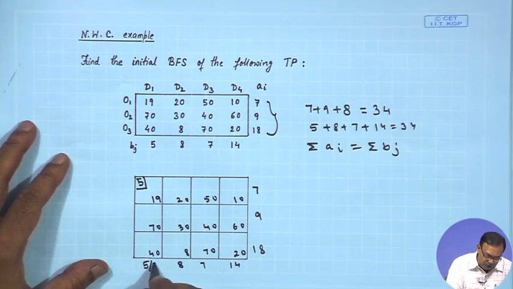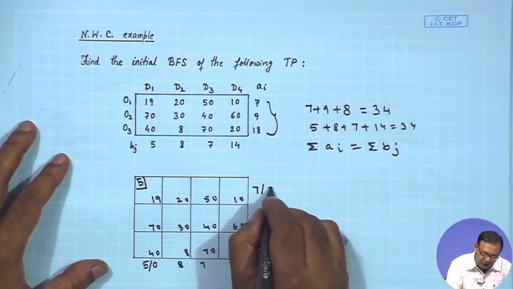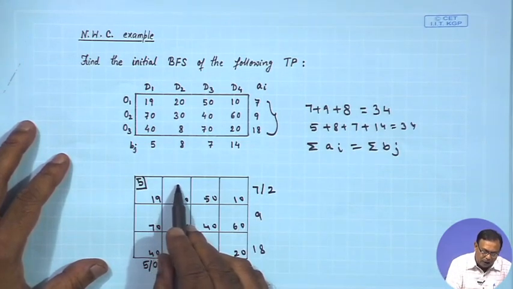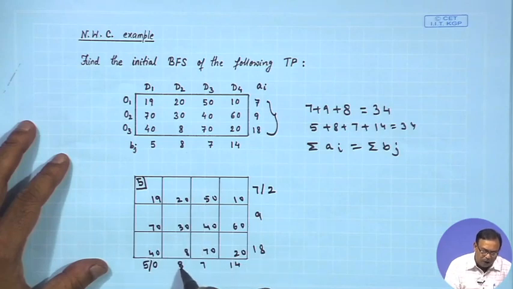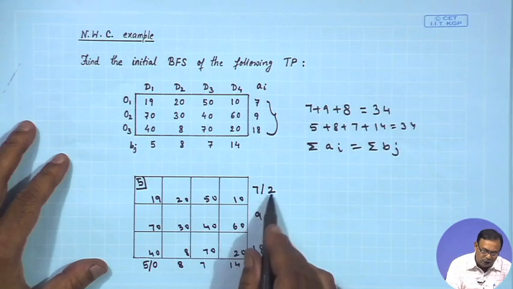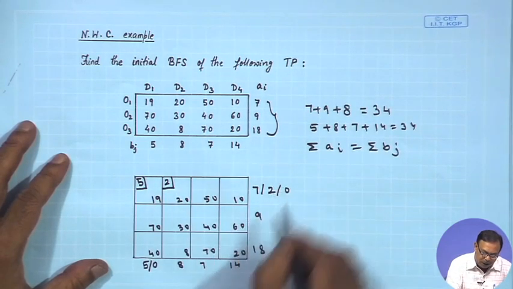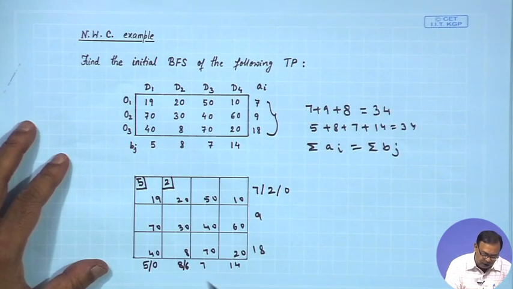Now this will be 0, because this is becoming 0, and this 7 reduces to 2. Now, go to the next one. In the next one, the minimum of this availability and demand, 2 and 8, is 2. So, allocate 2 over here, so that this becomes 0 and this becomes 6.